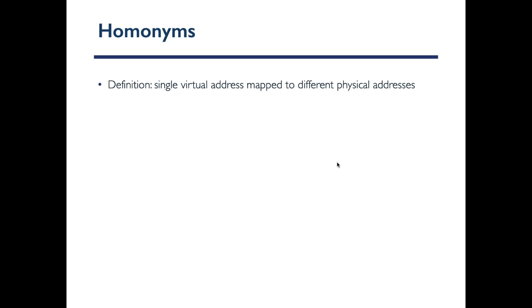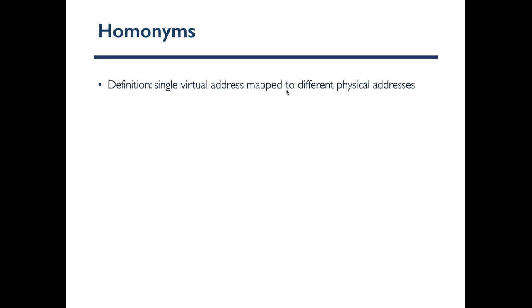The definition is that a single virtual address is mapped to different physical addresses. When does this happen? It easily happens when you have two different processes, all of them using, let's say, address 0 in their virtual address space, but that address could be mapped to different physical addresses.